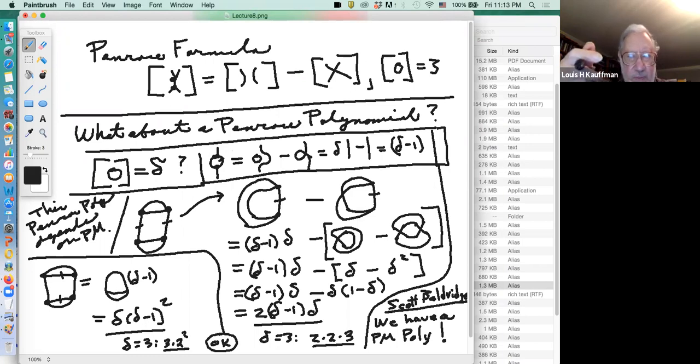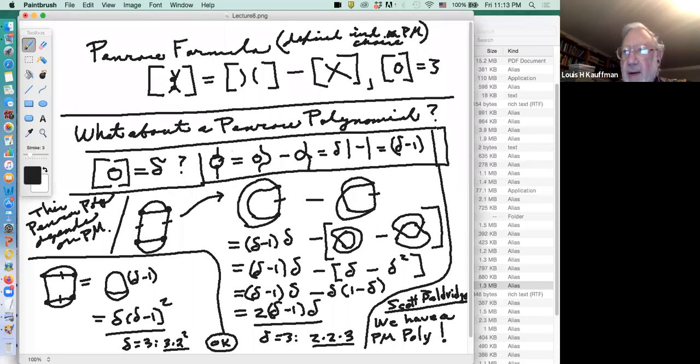The Penrose formula is defined independent of perfect matching choice. In fact, it would be fun to tell you, but I don't want to do it right now, how to prove the Penrose formula is true.